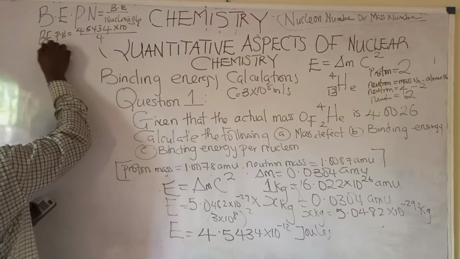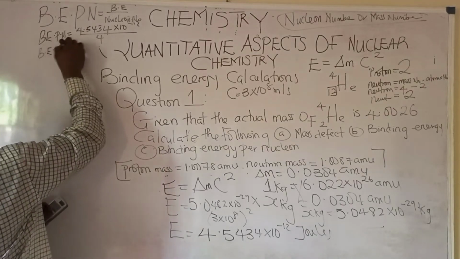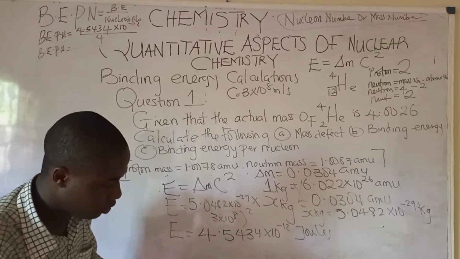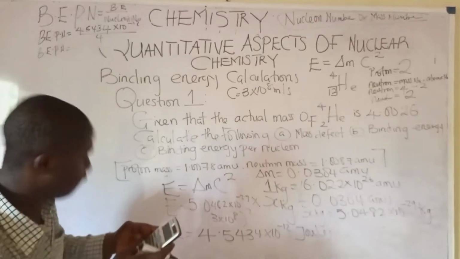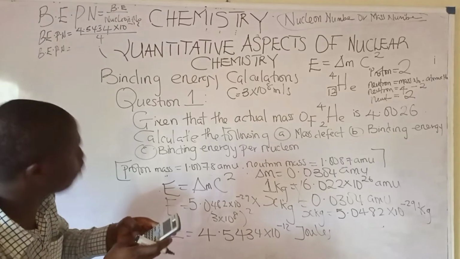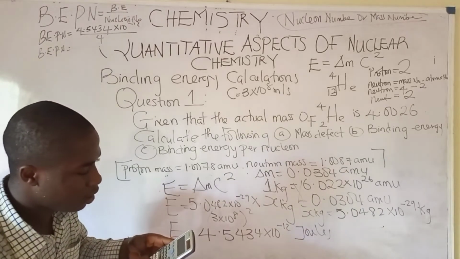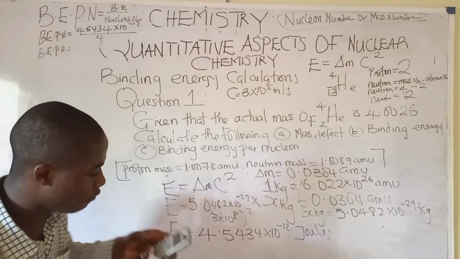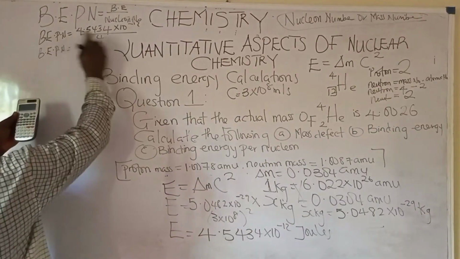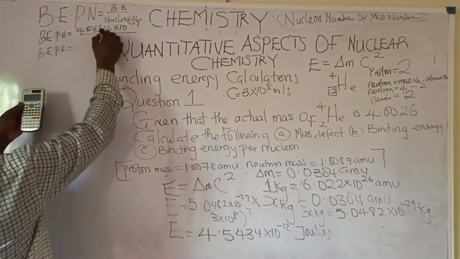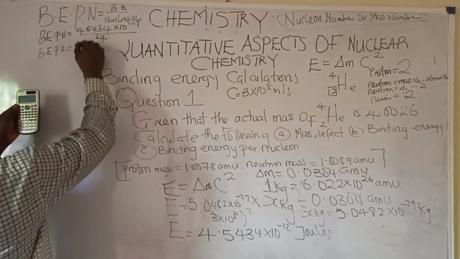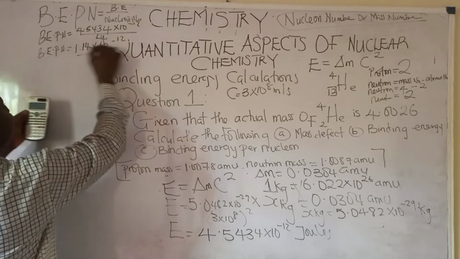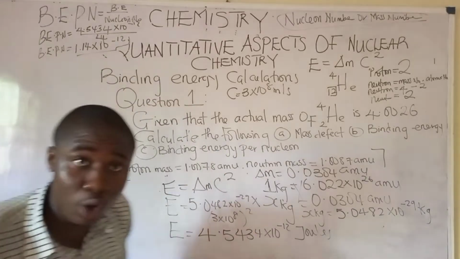So what becomes the binding energy per nucleon value? We simply divide. 4.5434 times 10 power minus 12 all over 4. So we get the binding energy per nucleon to be 1.14 times 10 power minus 12. Okay, this is the binding energy per nucleon value.